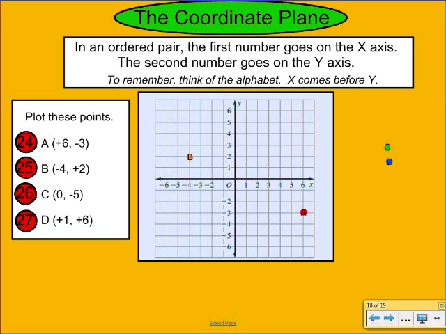So point B would be right there. For letter C, in number 26, I'm going to go 0 on the x-axis and negative 5 on the y-axis. And so point C would be right there. And finally, number 27, for point D, I'm going to go a positive 1 on the x-axis and a positive 6 on the y-axis, and that would be plotted right there.